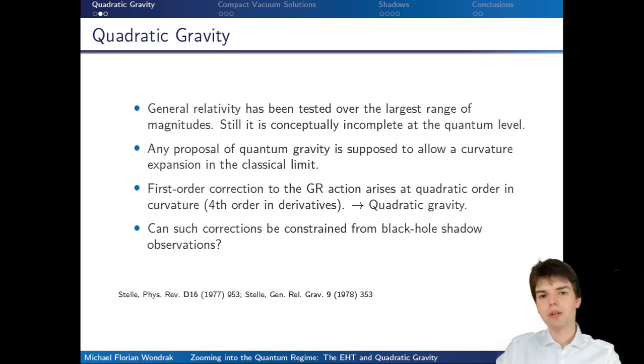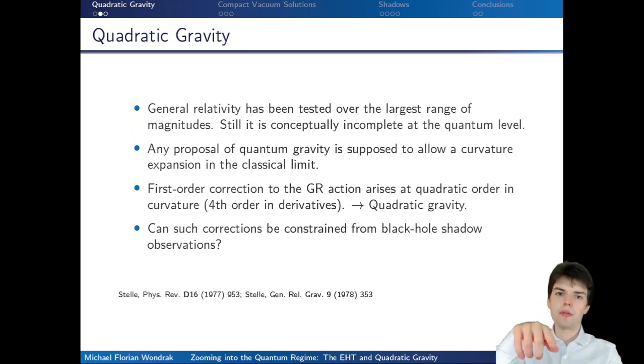At least we know that any such proposal of quantum gravity should, in the classical limit, reduce to GR plus some corrections. And these corrections shall be in the form of curvature term corrections. So if you look at GR in its action formulation, the Einstein-Hilbert action, you add more terms.